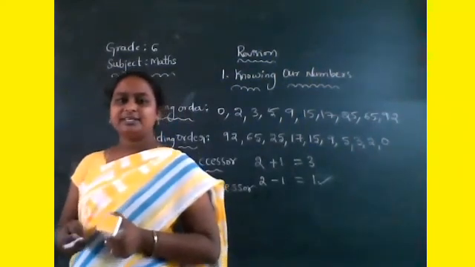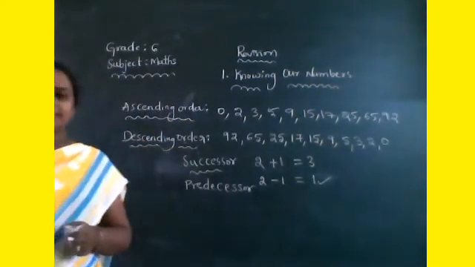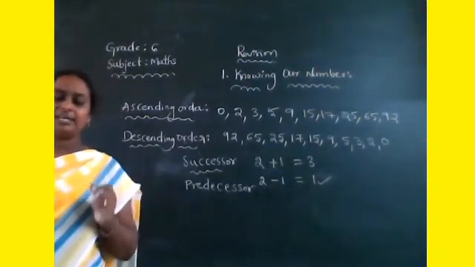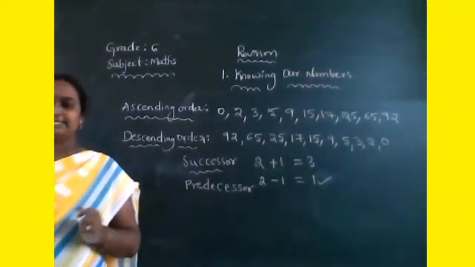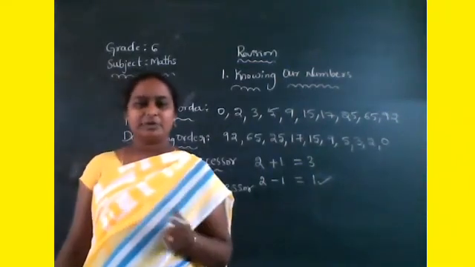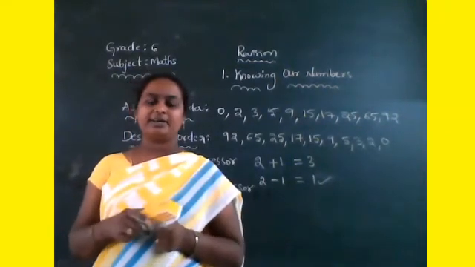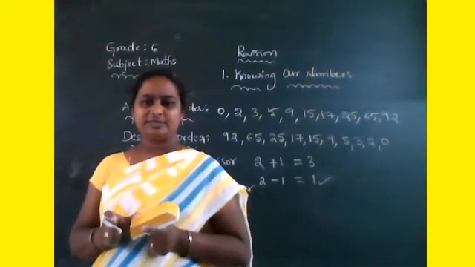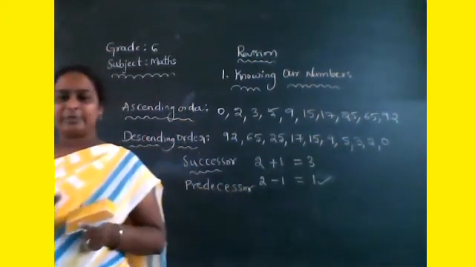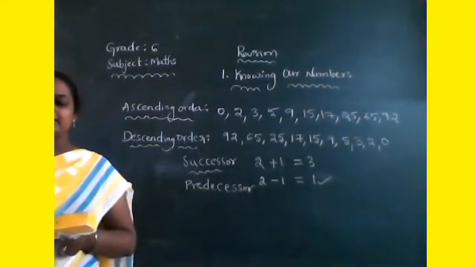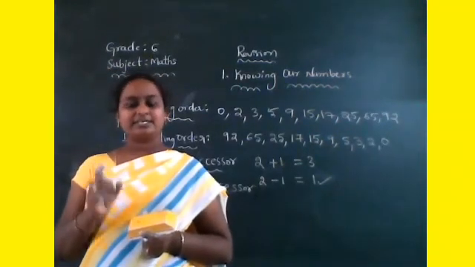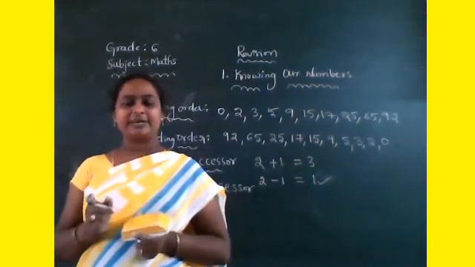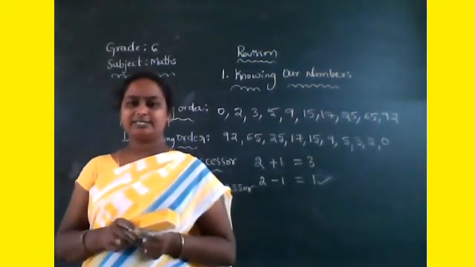Okay, children. Now, up to now, you have seen what is the use of numbers. Numbers contain how many digits? Digits means 0 to 9. 0 to 9 are called digits. How to compare the numbers? For comparison of numbers, which symbols are used? Yes, less than, greater than, and equal symbols.